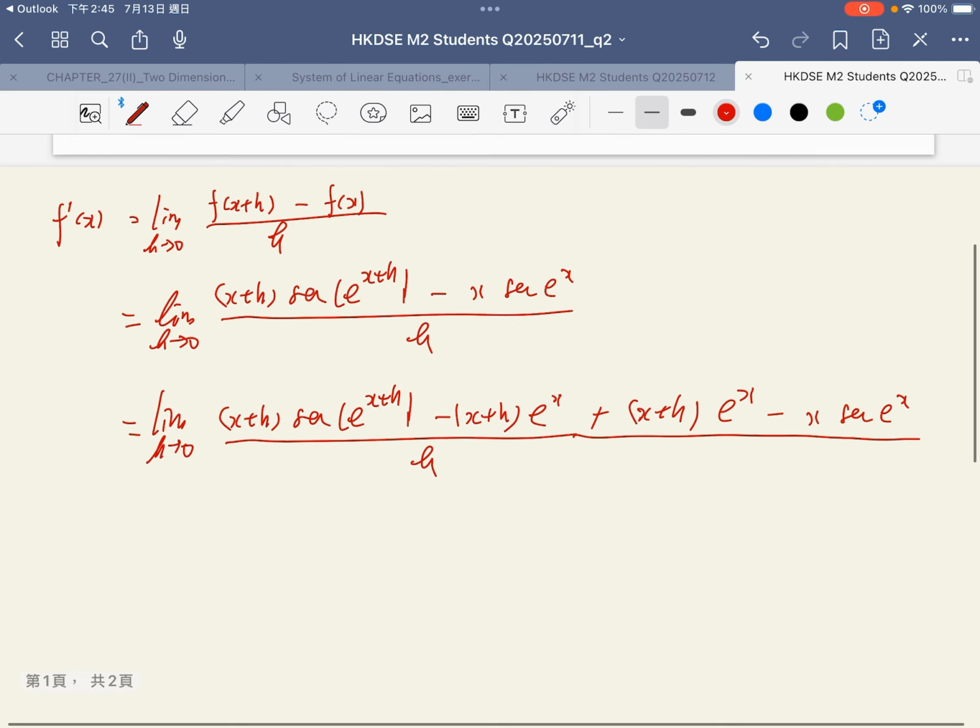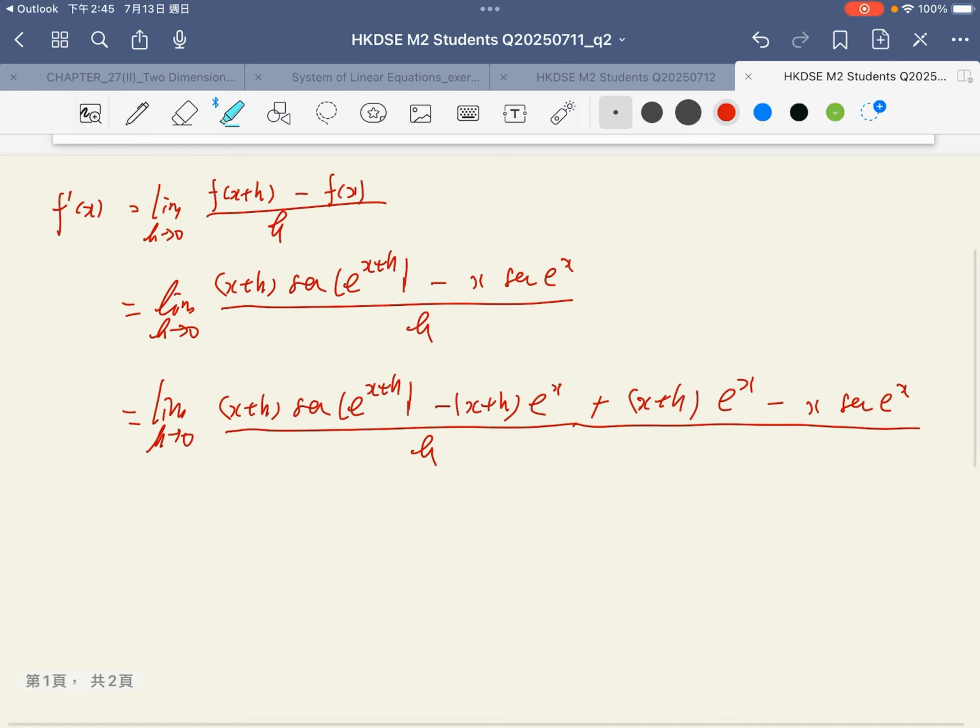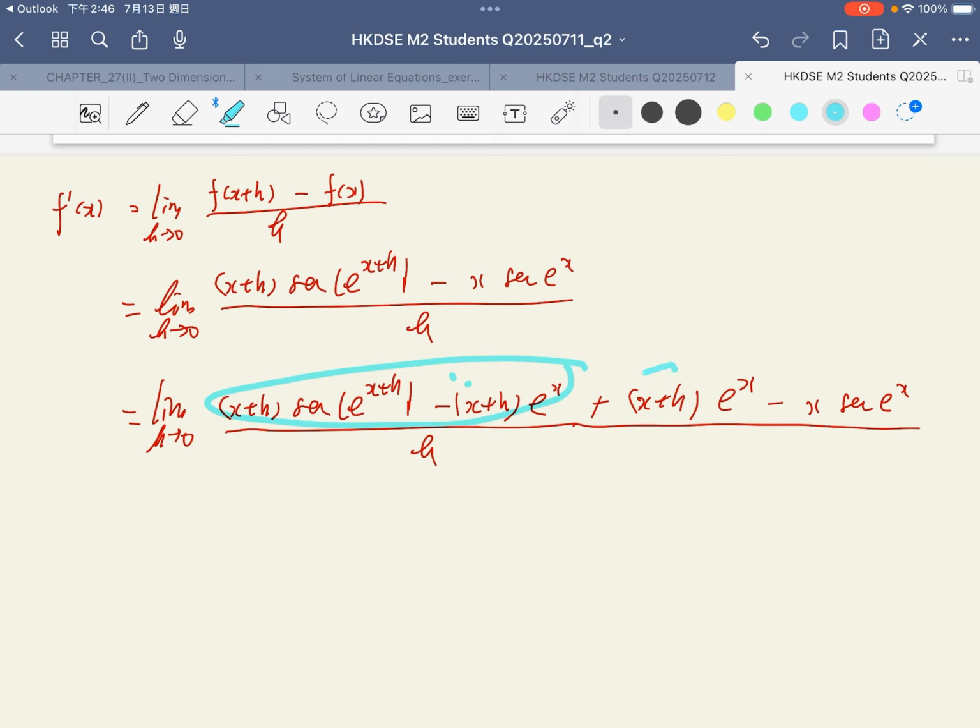That is perfect. And then separate this into two groups. Originally this is actually 0, and now after inserting these terms, we can group this one and this one.